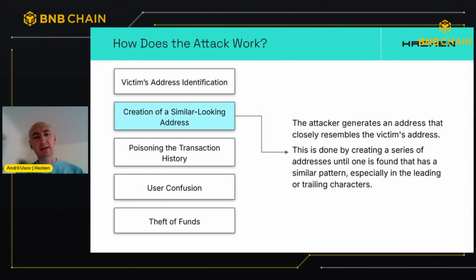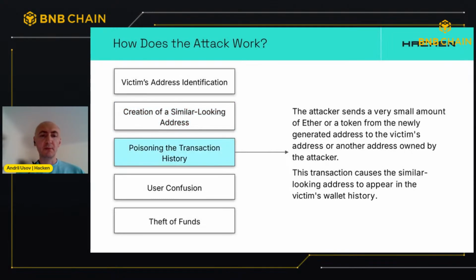The second step is to try to generate a very similar address, similar to the victim's address. When such an address is found and created, the next step is that the attacker sends a lot of small-amount transactions to the victim's address, just to flood the transaction history.